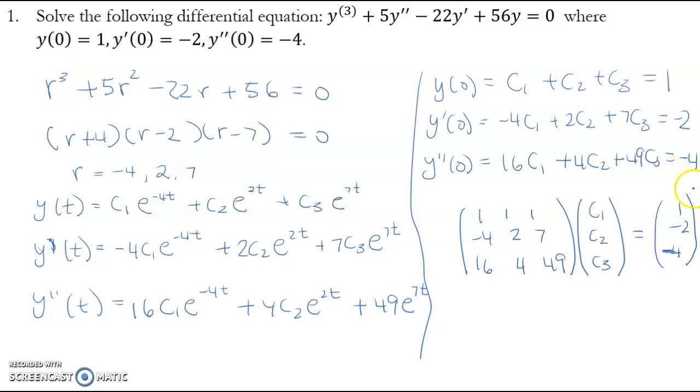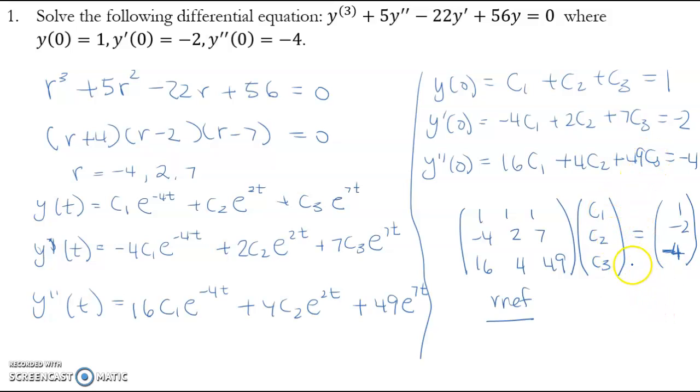You can use the calculator function rref. I think it's the quickest way of finding C1, C2, and C3, or you can use the inverse matrix to solve. There are many other methods.